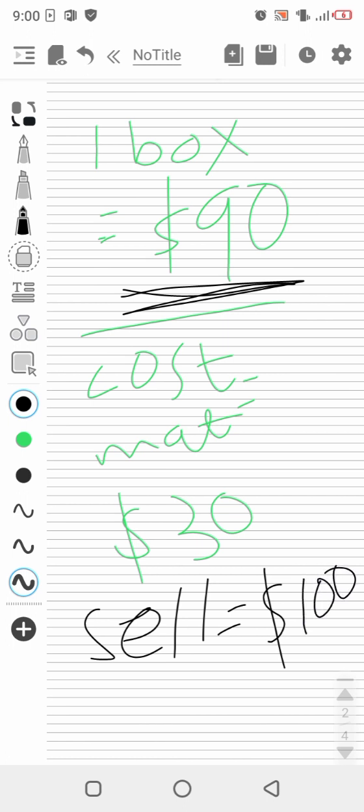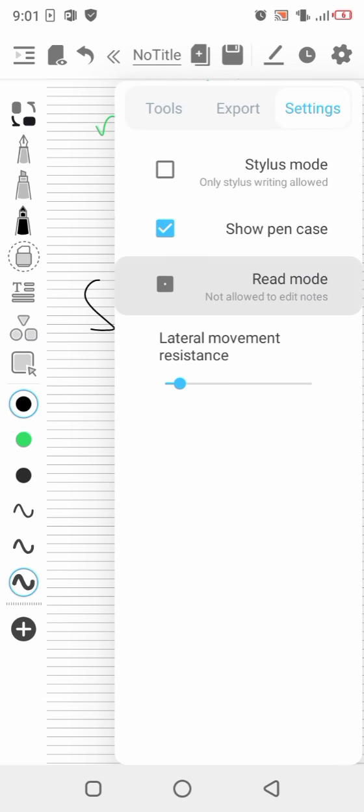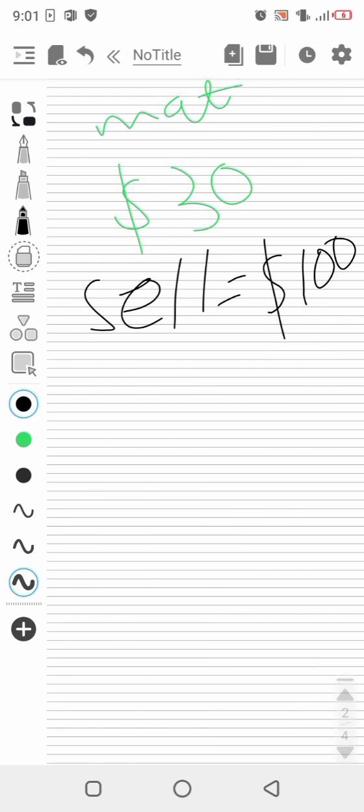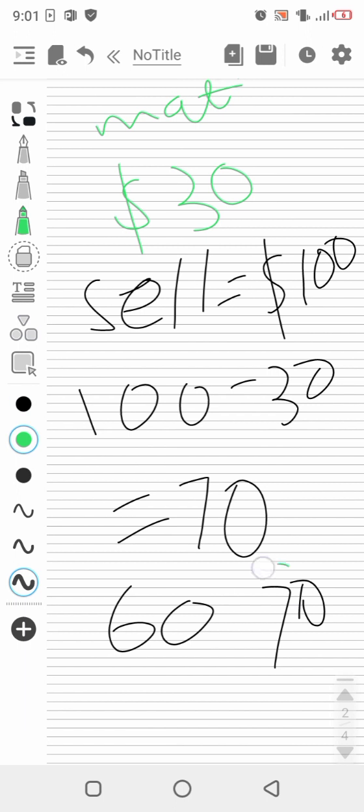So at first my added value was 90 minus 30, which is $60. But now, since I have increased my selling price, even if the cost of bought in materials and components is the same, 100 minus 30, it will increase my added value to 70. At first my added value was 60 and now it is 70. So which one is bigger? 70 is bigger, right? So by increasing the selling price, your added value will also increase.